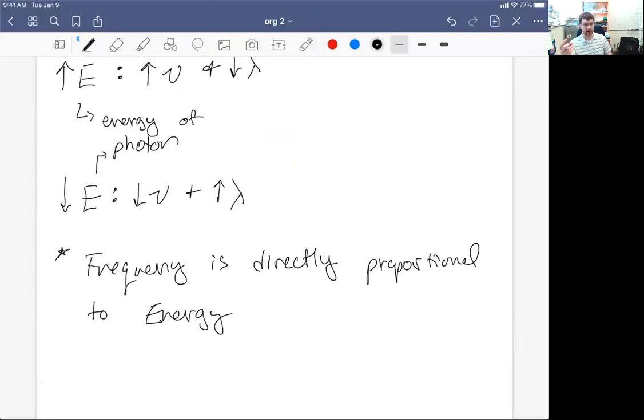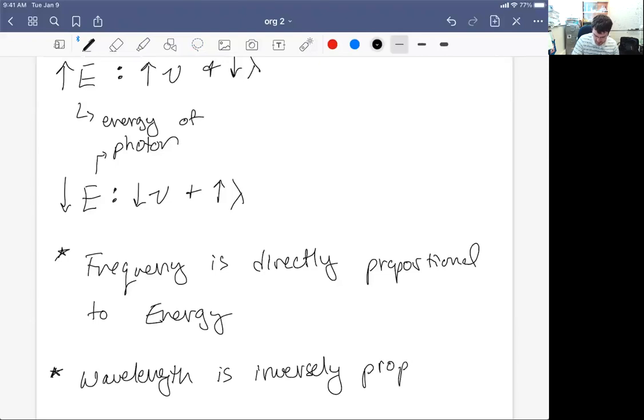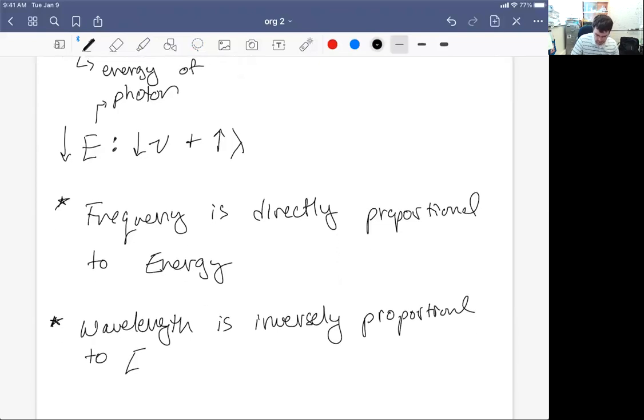High frequency, high energy. Additionally, wavelength is inversely proportional to energy. Okay, so the wavelength is inversely proportional.